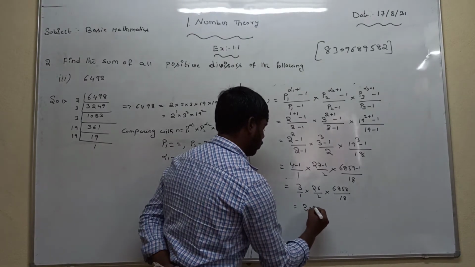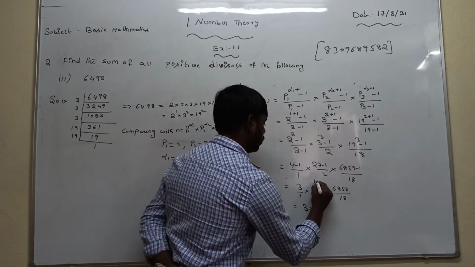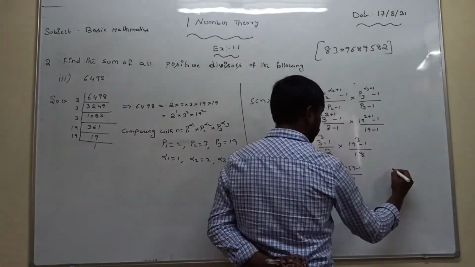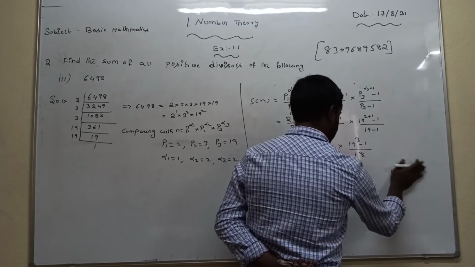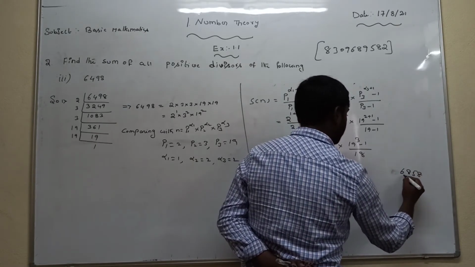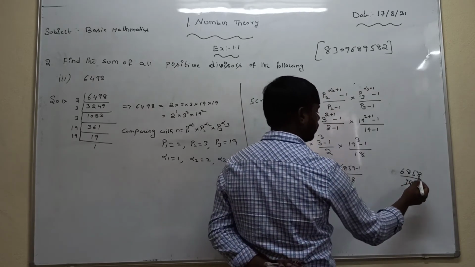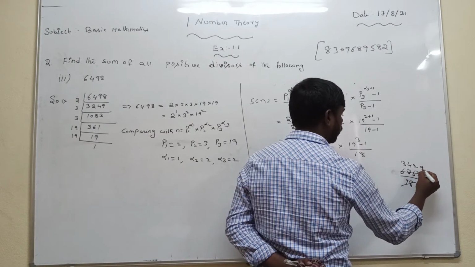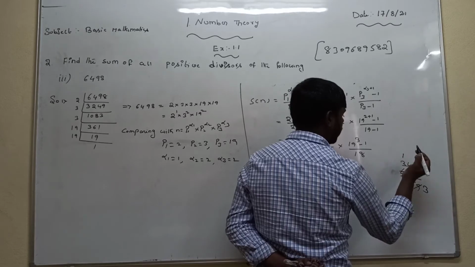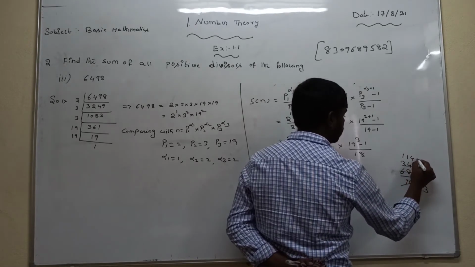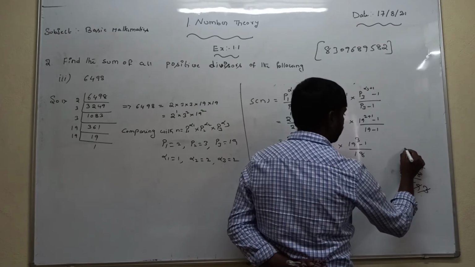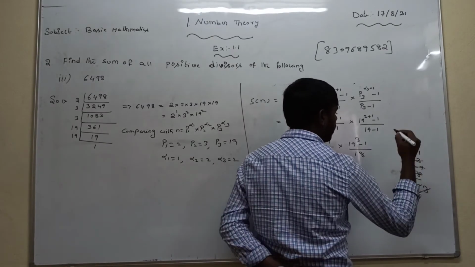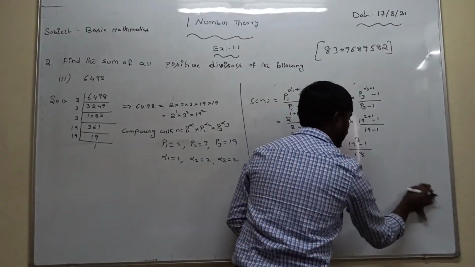Now 3 into 13, and now cancellation. 18 and 6 cancel. 6858 divided by 18: 2 nines are 18, then next 3, and so on, and we get 381. This should come, so 381.